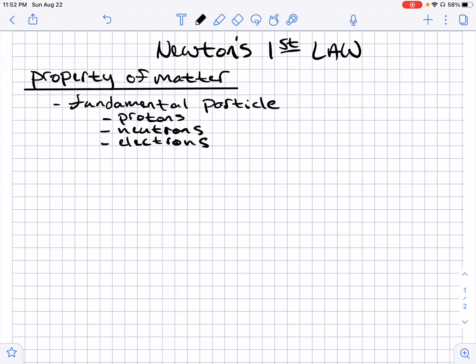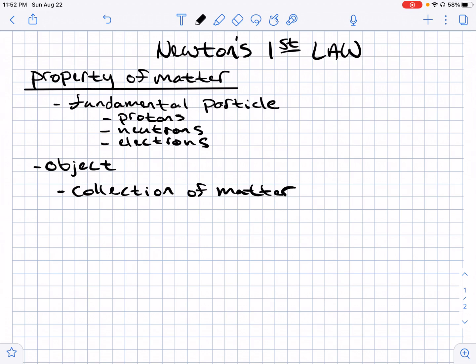So we have these fundamental particles that make up matter, and we also have what's called an object. And an object is just a collection of matter. So these fundamental particles make up matter, and then this collection of matter is an object.